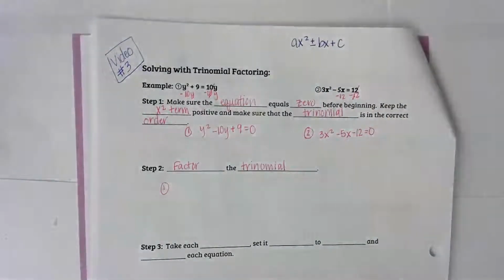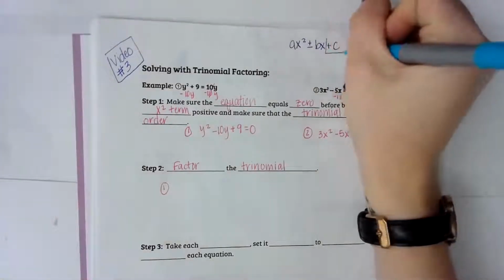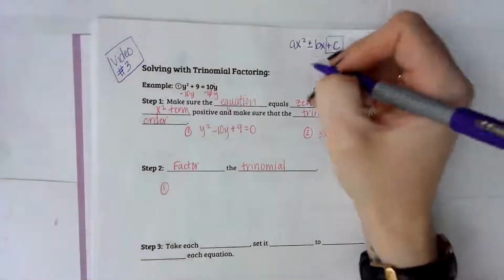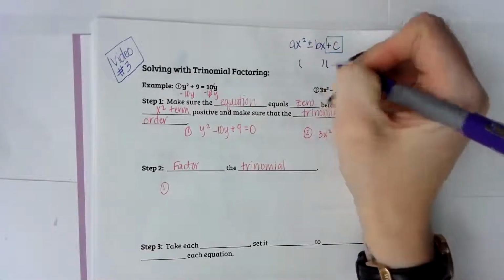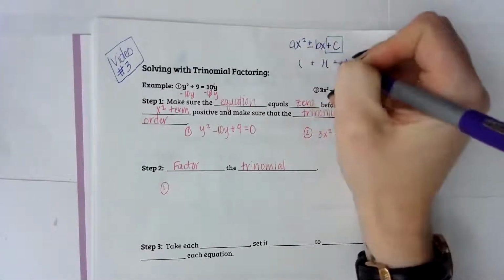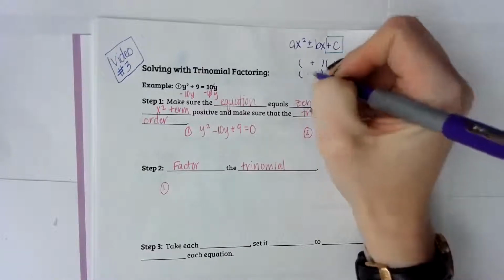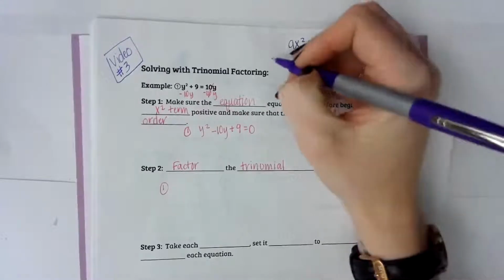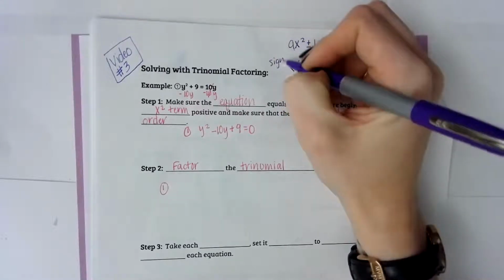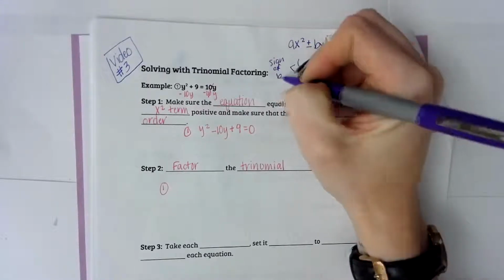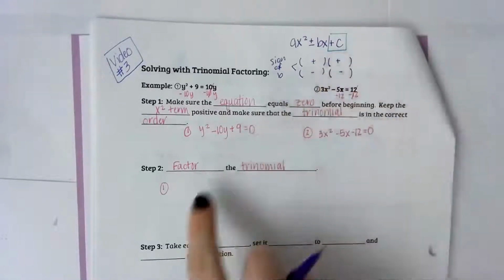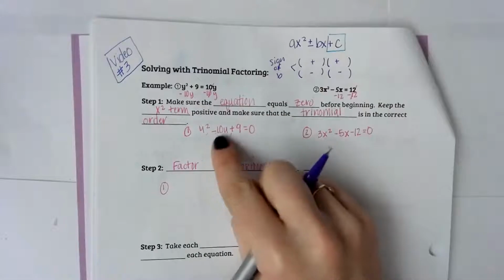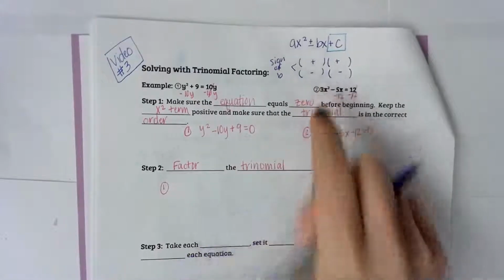So if you've got a plus c, you are either going to have two pluses or two minuses, and it's your sign of b. So this one is a plus c, but because b is minus, they're both going to be minus.